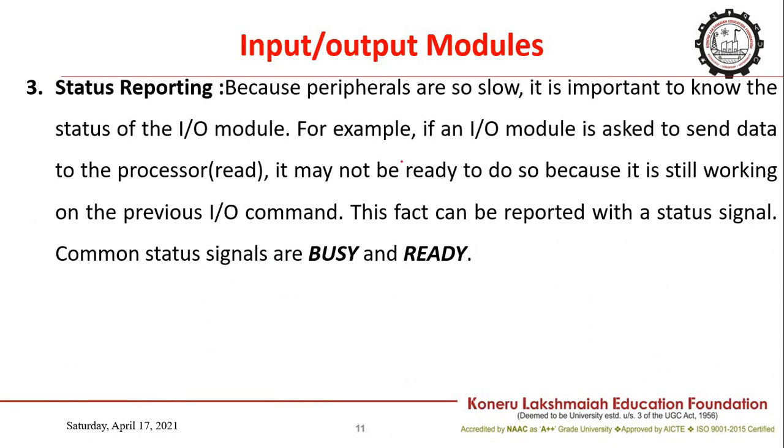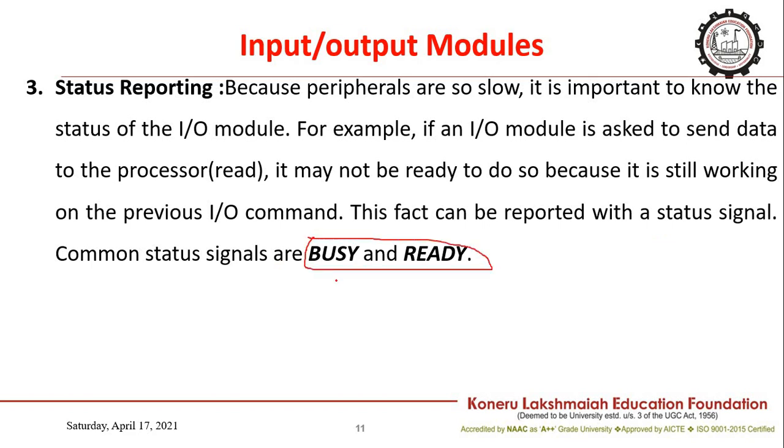And then status reporting: if we are sending data and the data is still transferring, it will show a green flag to its internal system, and it will show us something like sending file, taking approximately 5 minutes. We can use signals like busy or ready.